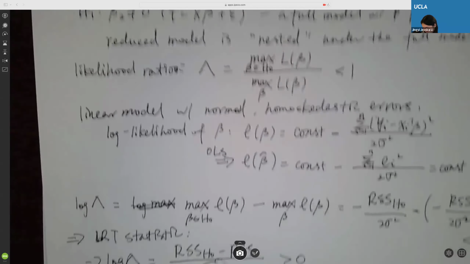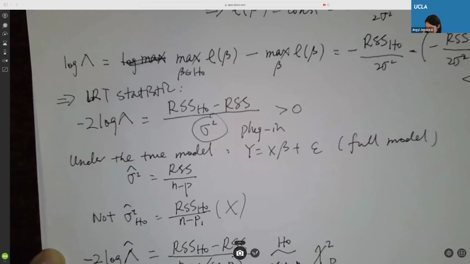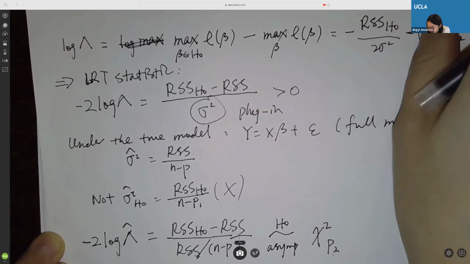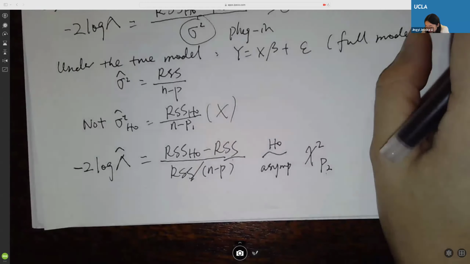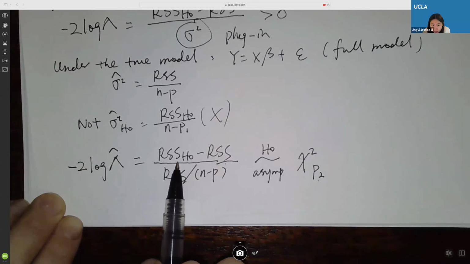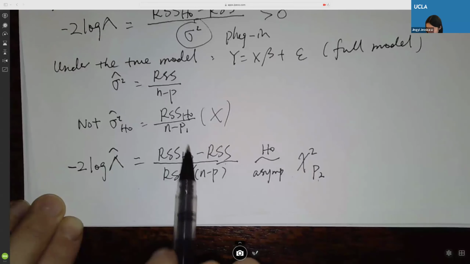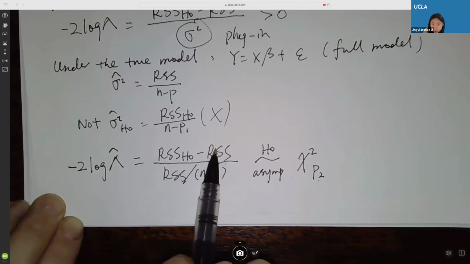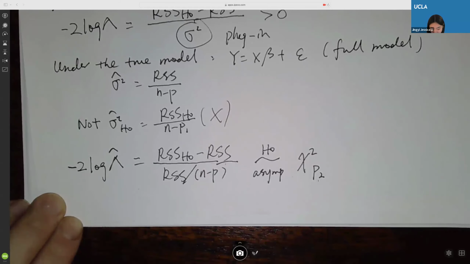So we derived the likelihood ratio test, and we showed that the negative log of this likelihood ratio for the linear model can be constructed based on the RSS, the residual sum of squares, under the null model, which should be bigger than the RSS under the full model, because the full model has more predictors and you're expected to have smaller residuals in magnitude.